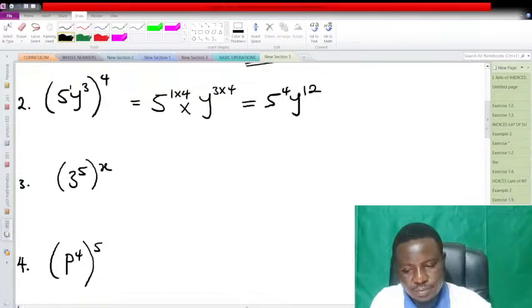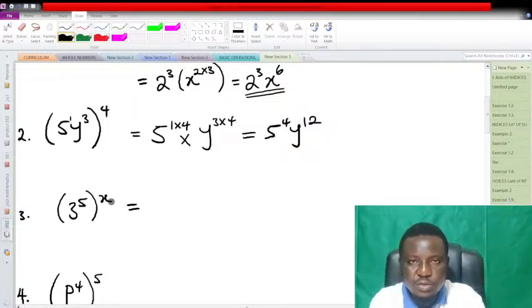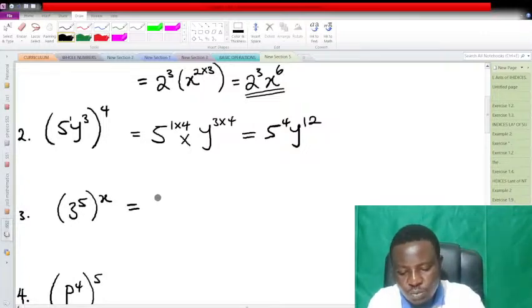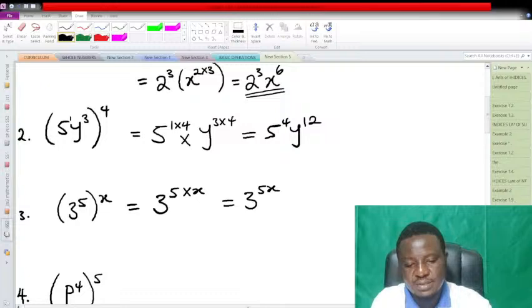Question 3, this is equal to 3 raised to the power of 5 all raised to the power of x, which can be said to be 3 raised to the power of 5 times x, which is equal to 3 raised to the power of 5x.